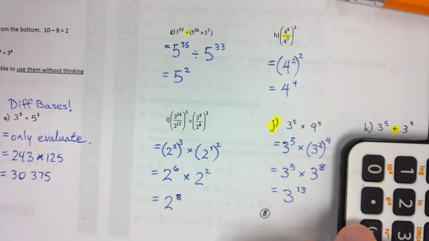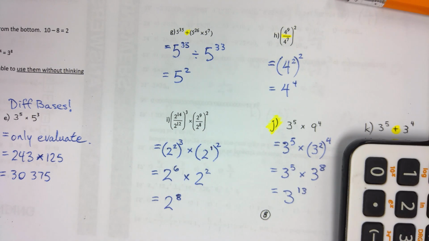All right, what about K? You can't express it as a single exponent, but you can simplify it. So you can factor out the 3 to the 4. Okay. So you get 3 to the 4, and then it's just 3 plus 1. So you can get 4 times 3 to the 4.